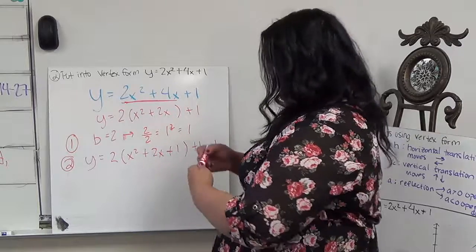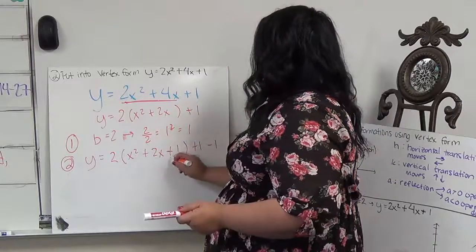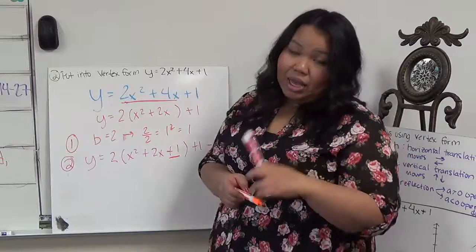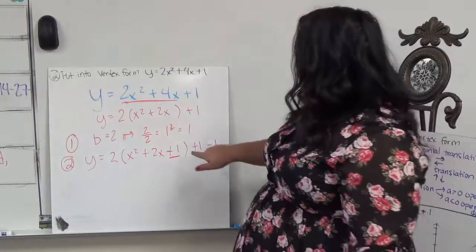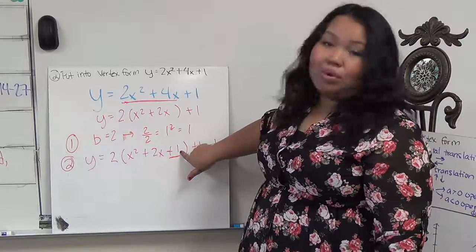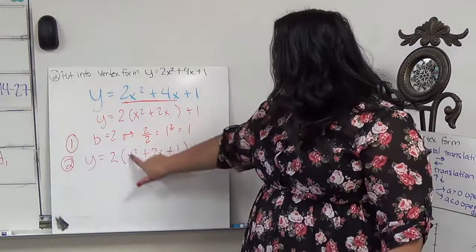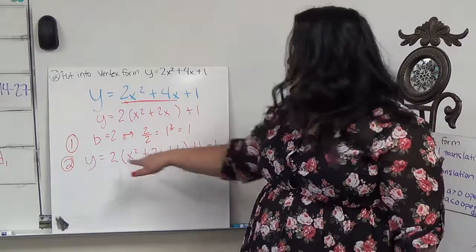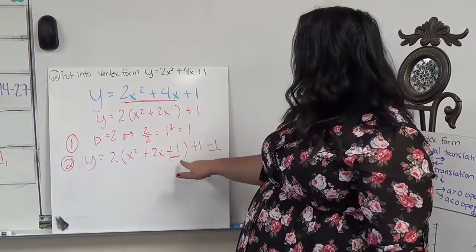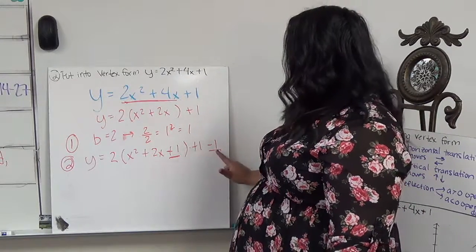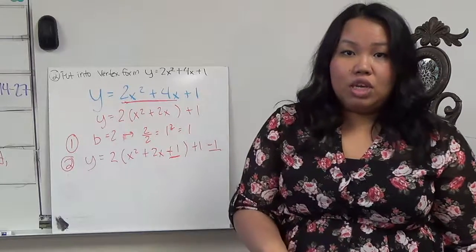So I have this right here. Here's my problem, my dilemma. I need this in the parentheses, but if I put a 1 in the parentheses here, and I multiply this out, this 1 actually represents 2, because 2 times 1 is 2. And if I've multiplied 2, and I've only subtracted 1, then I've changed the balance of the equation.